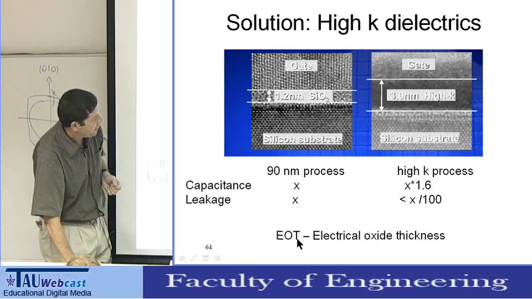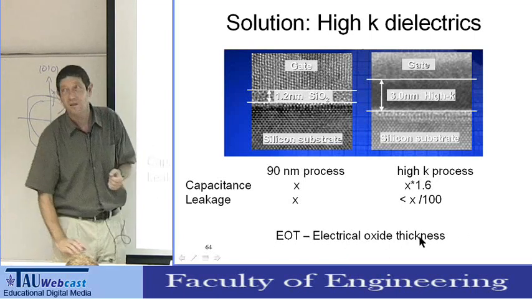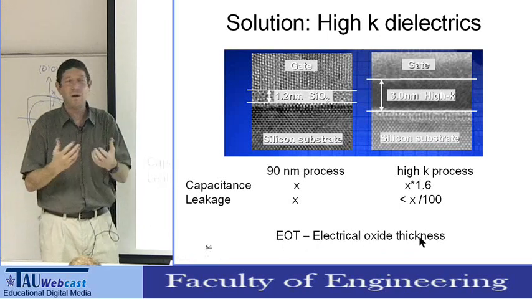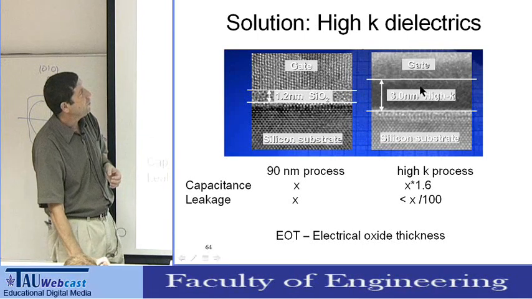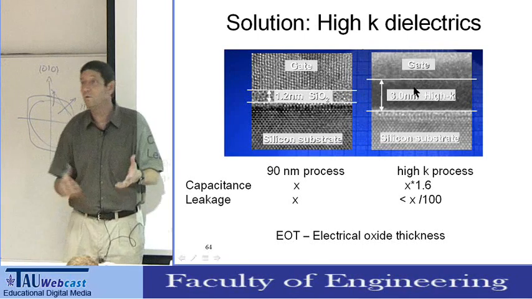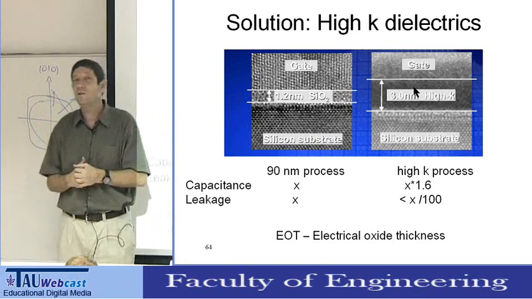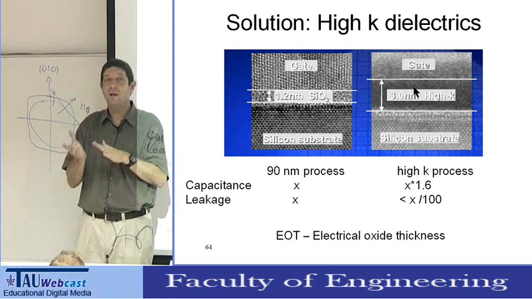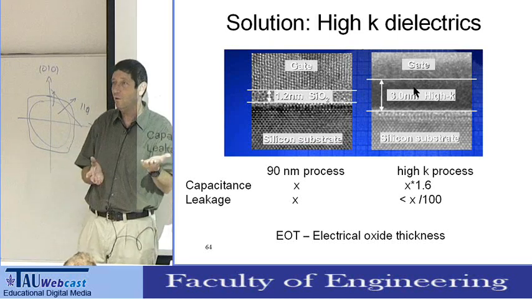We now define something which we call EOT, electrical oxide thickness. It is the effective oxide thickness as you find by capacitance measurements. So this is the high K process that everybody is using. If you go to very modern processes, especially for microprocessors, you will find that the gate oxide is not SiO2 anymore.